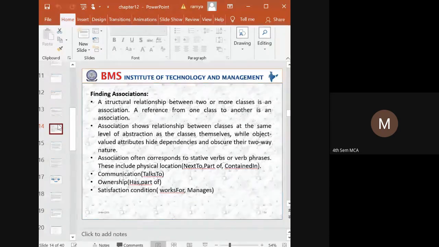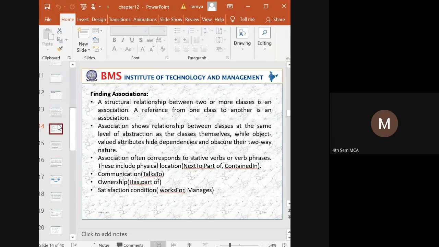It is a structural relationship between two or more classes. A class can be connected to two or more classes. It is not necessary that it should be a one-to-one connectivity. The same class can be connected with two or more classes, which refers to another class for some other purposes.